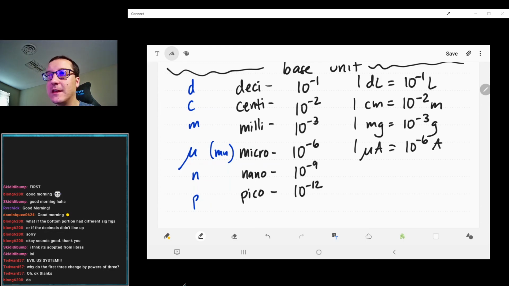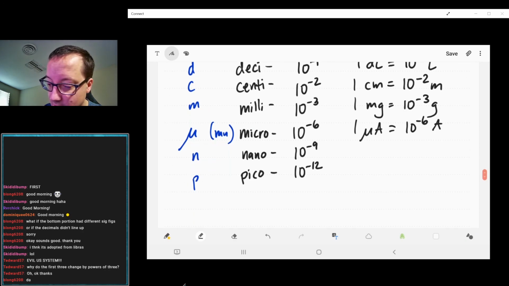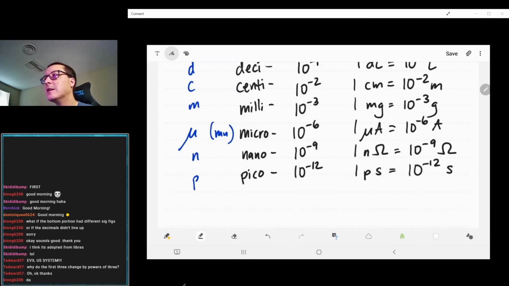The point here is that the prefix, or the little kind of subunit here, is going to be what tells us the exponent value. It's telling us the magnitude of how something is. 1 nano. Let's see. What unit haven't we used yet? Nano ohm. Random units here. And how about pico? Picosecond. Why not? 10 to the minus 12 seconds. So we have all sorts of fun use here.